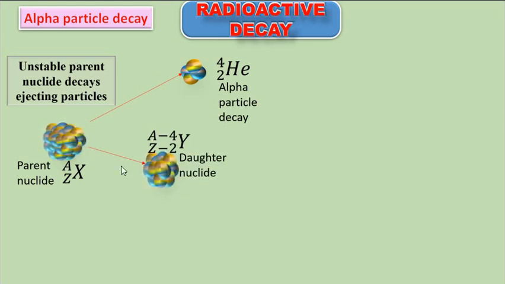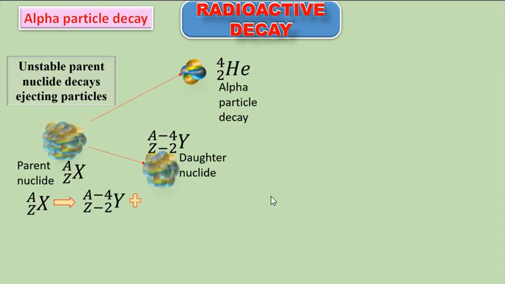What do you notice here? After the decay, the nucleon number of the daughter nuclei decreases by 4, while the proton number of the daughter nuclei decreases by 2. And that amounts to the particle given out. Remember, there is energy also radiated. Very important, you should note that there's energy also radiated.